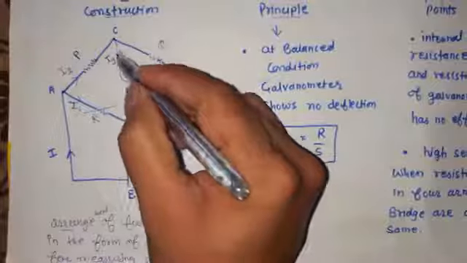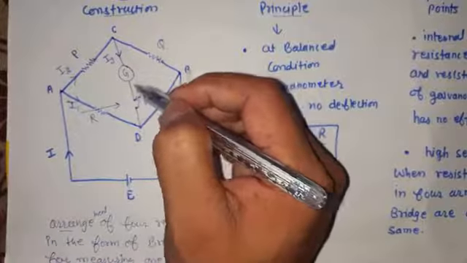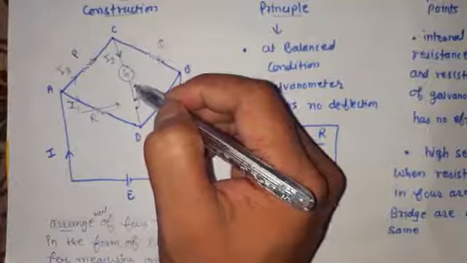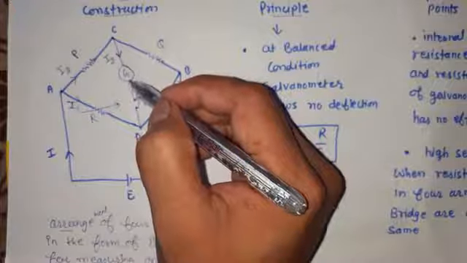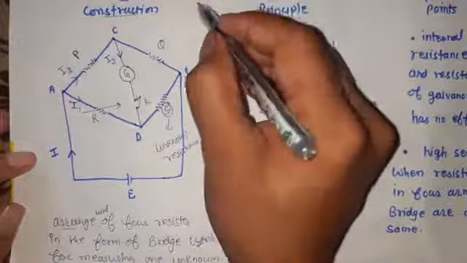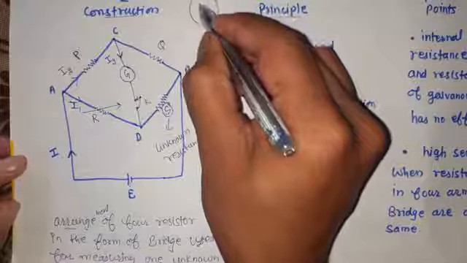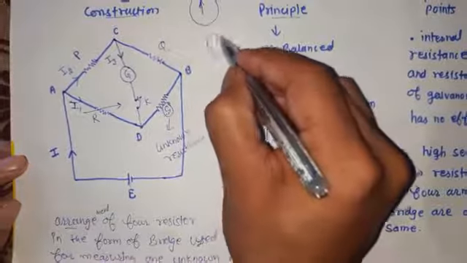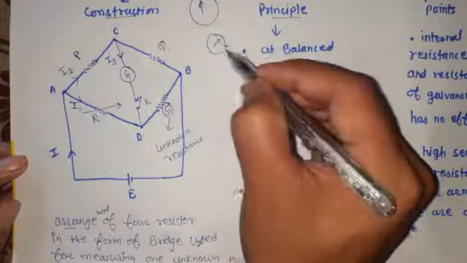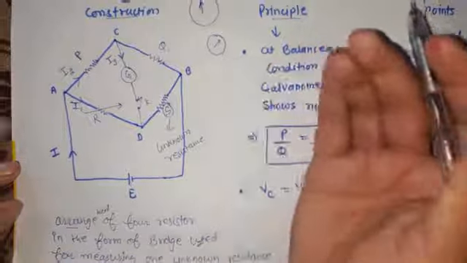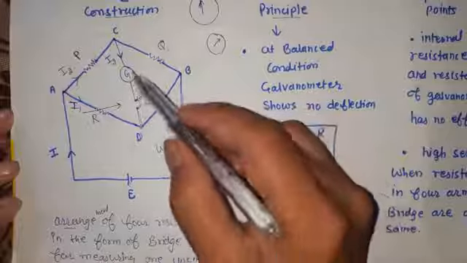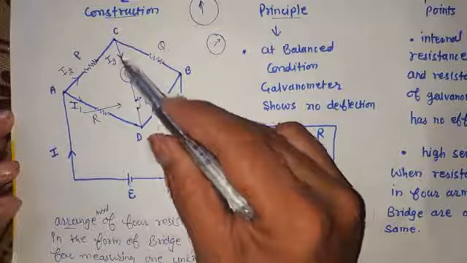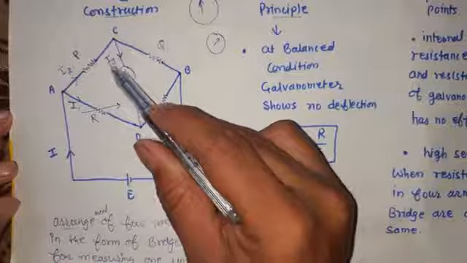When this current passes through the galvanometer, its pointer changes direction. If there is no current, it rests like this; if there is current, it changes its position. Thus it shows the presence of current, and the current for which it shows deflection I have taken as Ig.